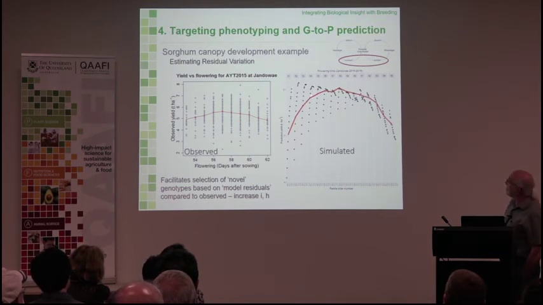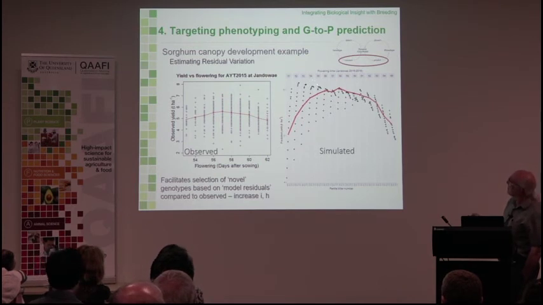But what you can then think about is, okay, if I'm at this flowering date, this flowering time, then something that's got more tillers would probably give me more yield. And I would expect that. Whereas over here, something with more tillers is going to give me less yield. And so I would expect that. So if I go back here, and instead of saying, oh, well, I just want all the ones that yield the best, you don't really, because down here you say, well, actually I'd be better off if I had something that tillered more than this.